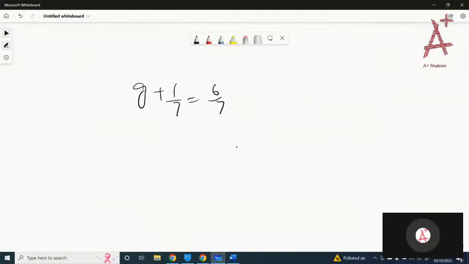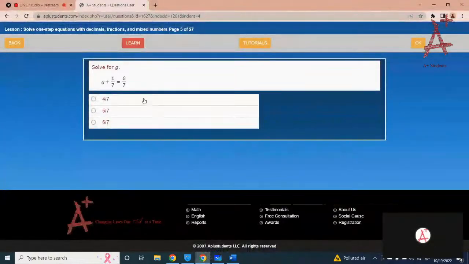That means you have to shift to the other side because you need to find the value of g only. It would be 6 over 7 subtract 1 over 7. They have like denominators, so just subtract their numerators. 6 subtract 1 is 5 over 7. Select the correct option and click on the OK button.